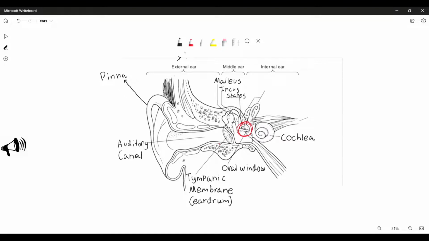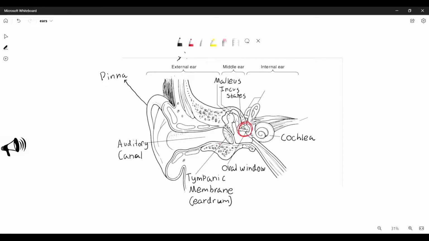The organs of Corti are basically hair-shaped neurons that fire based on the vibration. And this is where the process of transduction happens with your hearing. If you remember from the eyes video, transduction is where sensory input is converted into neural information so that the brain can understand it and interpret it.